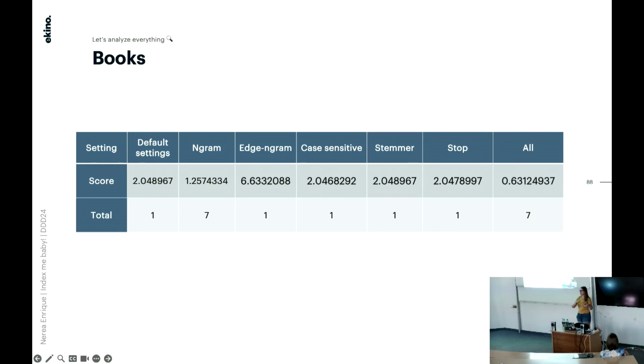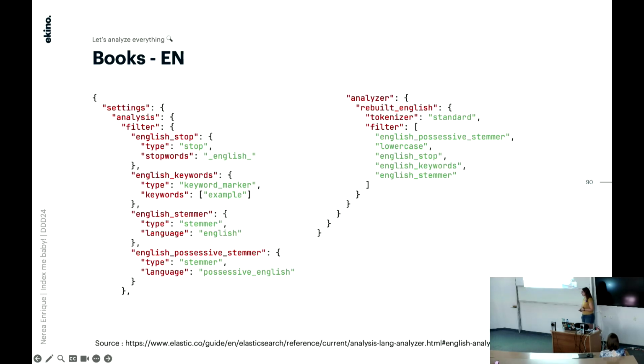And it's important to think about this because if you want to use the autocomplete feature, you need to configure your tokenizer well. If you want to process different languages, you need to think about it before starting anything. And I'm talking about languages. This is the base settings for an English index proposed by Elasticsearch.